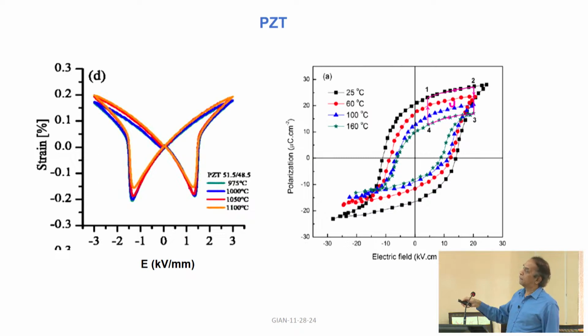And this is the strain or d33 versus the electric field, once again for PZT. I believe these 975 are the sintering temperatures when they made these PZT.